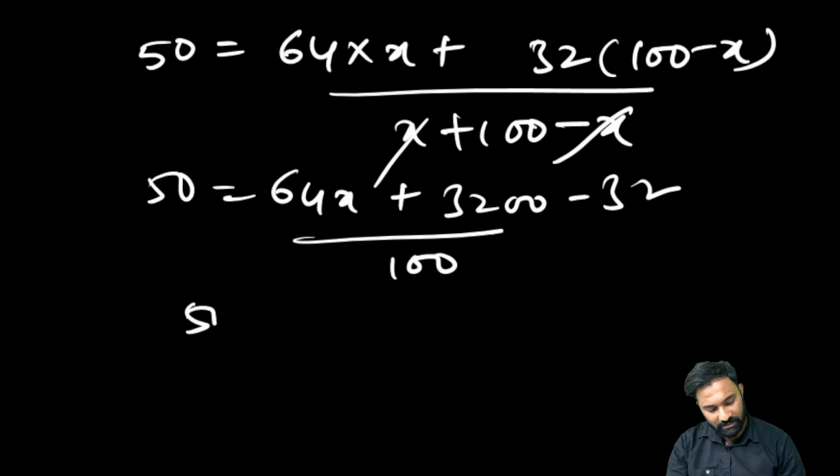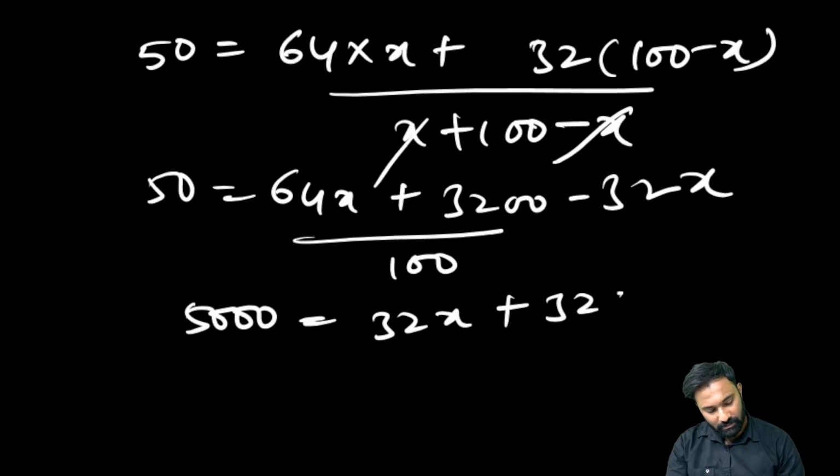If you take it to the left hand side, it will become 5000 equals 32X plus 3200. Then if you solve, you will get it as 9:7. If you solve, you will get the X value.